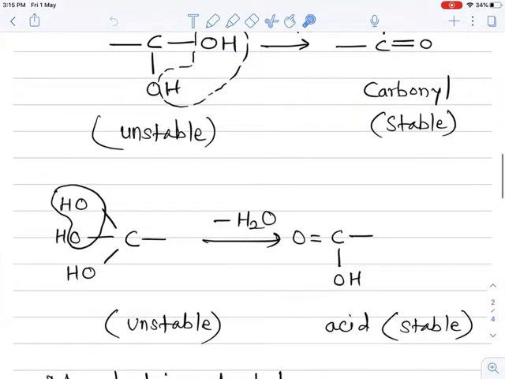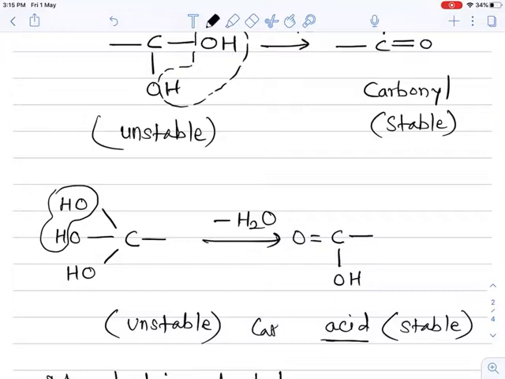If we take another example, 3 OH group containing carbon. Here one carbon is attached to 3 OH groups. So it becomes stable by removal of a water molecule, that is C double bond O. So this is the example of trihydric carbon, and if we remove the H2O from this trihydric carbon, we get the stable carboxylic acid.